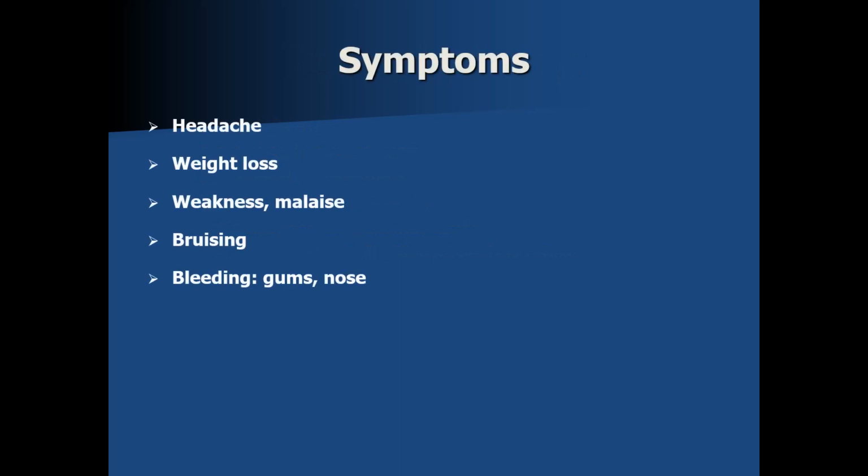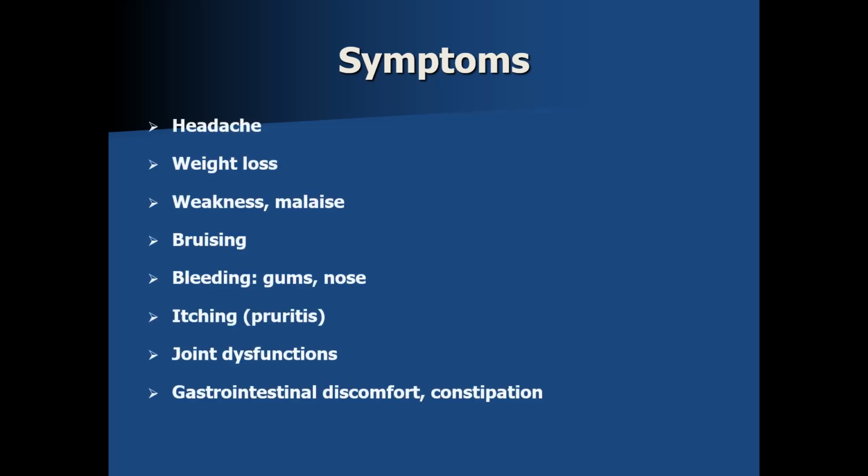Here are some of the symptoms of polycythemia: headache, weight loss, weakness and/or malaise, bruising, bleeding of the gums or nose. Additional symptoms include itching, or pruritus, which can be severe, especially right after a hot shower, joint dysfunction, and gastrointestinal discomfort, including constipation.